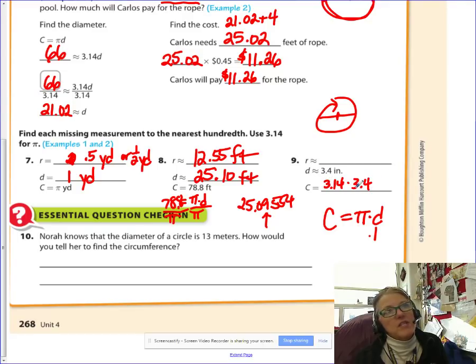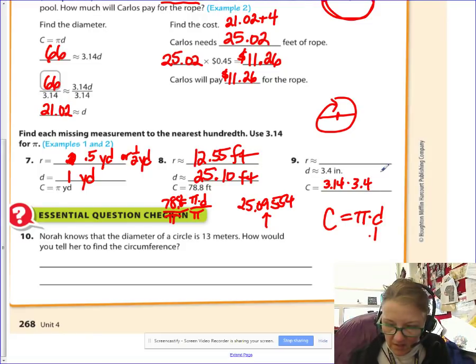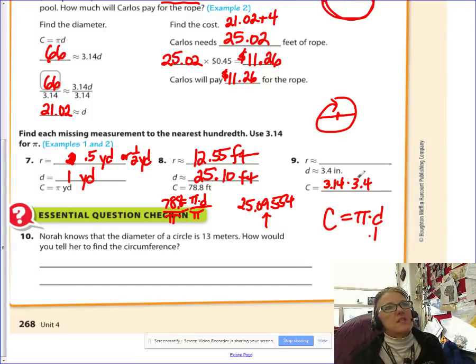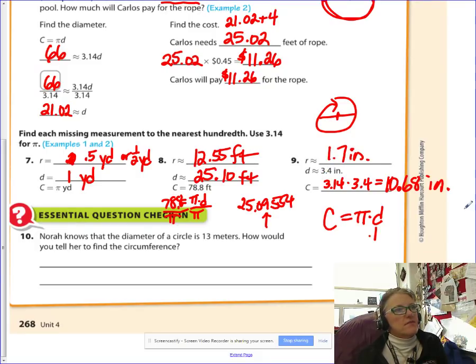I know 3 times 3 is 9, and this is a little more and more, so I should be closer to 10, maybe even pushing close to 11. 10.676. We're supposed to round that. 10.68. We are in inches. Label it. Half of this for the radius is 1 7/10 inches.